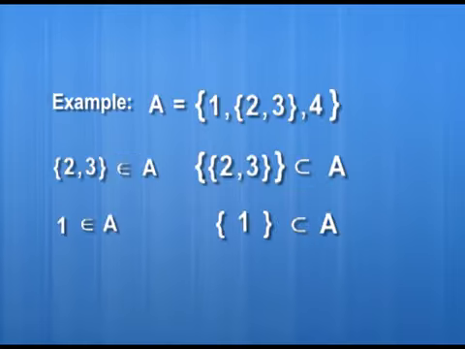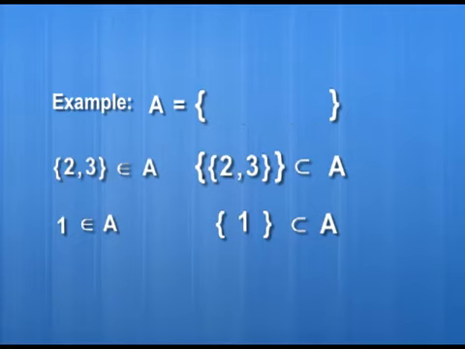Now, so far we have used two symbols, belongs to and contained. Let me clarify these two symbols once again. Let me consider the set A containing 3 elements. The elements are 1, and this set containing 2 elements 2, 3 is an element of the set, and the third element is 4. See, this is an element of the set.